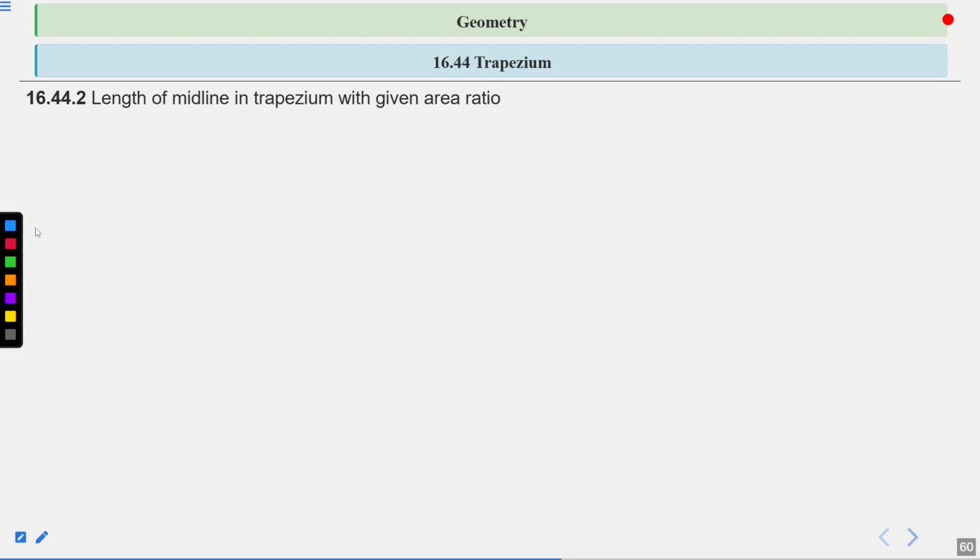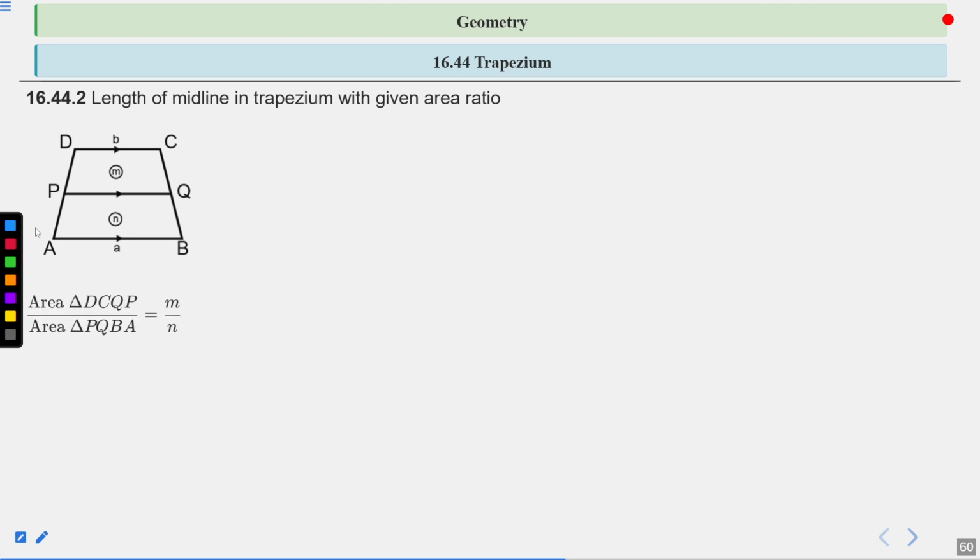Length of the midline in a trapezium with given area ratio. So this is the diagram. So we can say that the area of the quadrilateral DCQP and the area of the quadrilateral PQBA are in the ratio M to N. Next one.